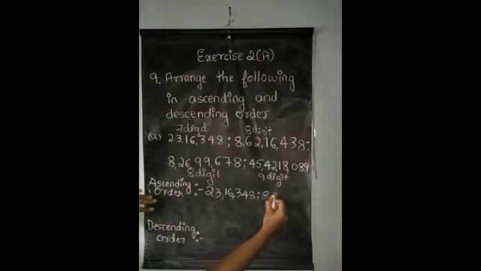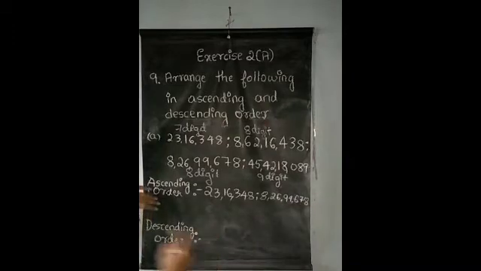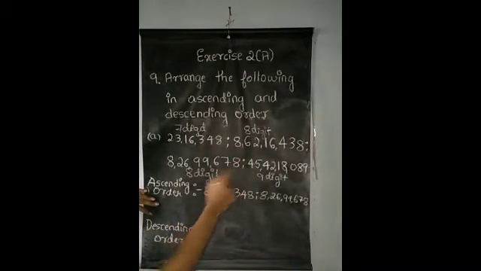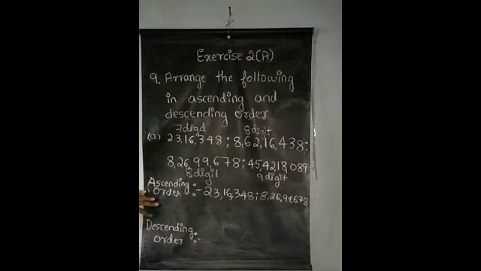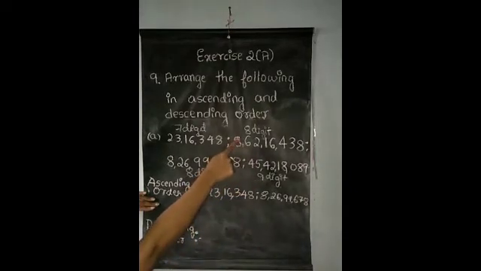8 crore 26 lakh 99,678. Next we have to find out between these two which number is the smallest number. If a number has more digits, then that number is the greatest number. So here 9 digit number is greater than 8 digit number.